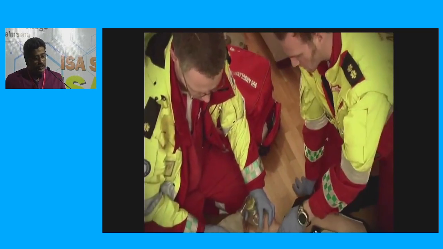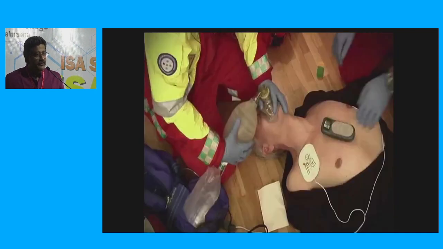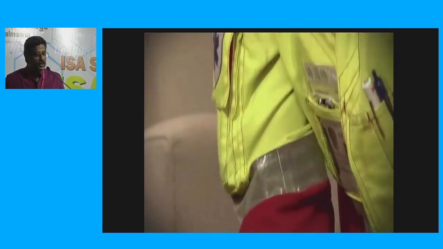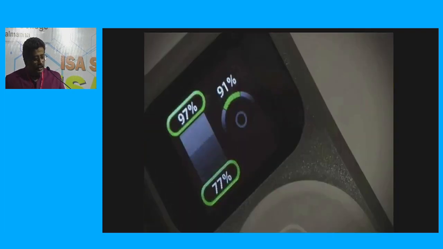And debriefing is nothing but the feedback. You give the feedback to the rescuers who have taken part and tell them this is what has happened, and this was your final data. So 97%, 77%, and 91% you were in the 100 to 120 range.